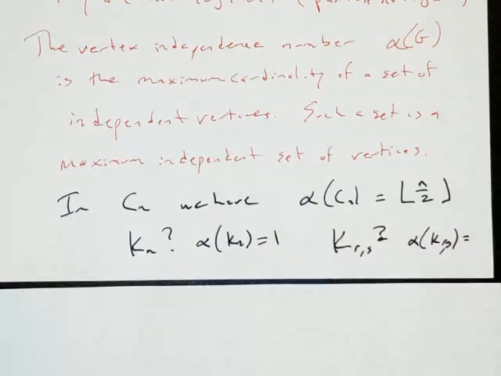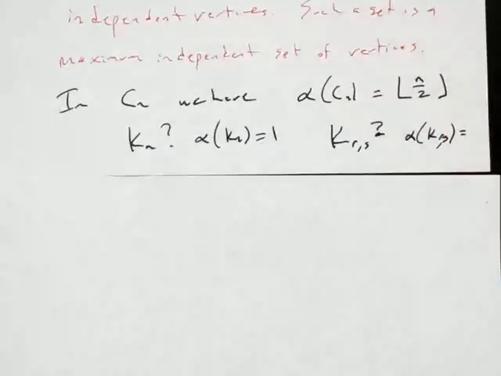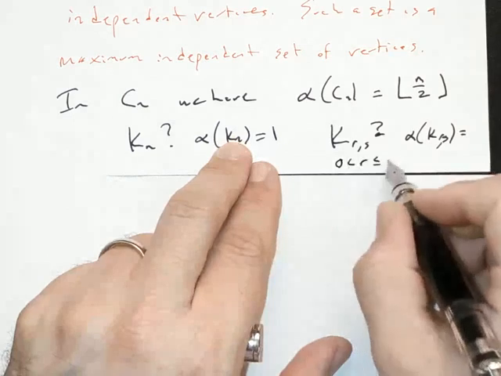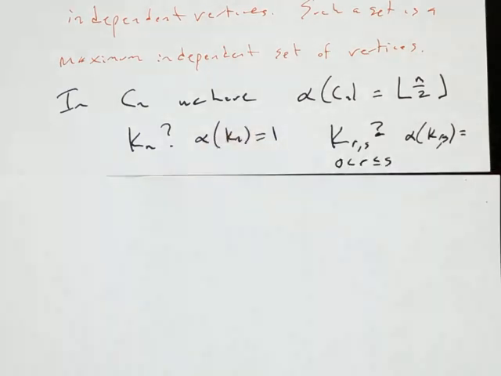What if I have a bipartite graph? A complete bipartite graph. So I have the set of R vertices on one side, the set of S vertices on the other side. Oh, and in the versions we were doing on Monday, R was smaller than S. What things are going to be independent here?